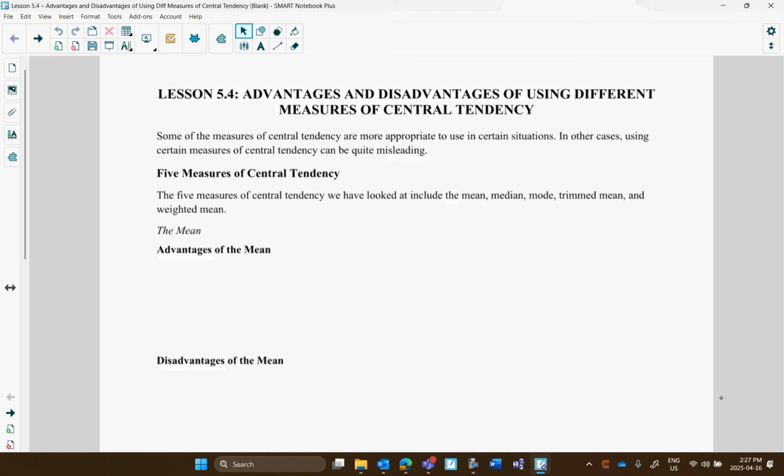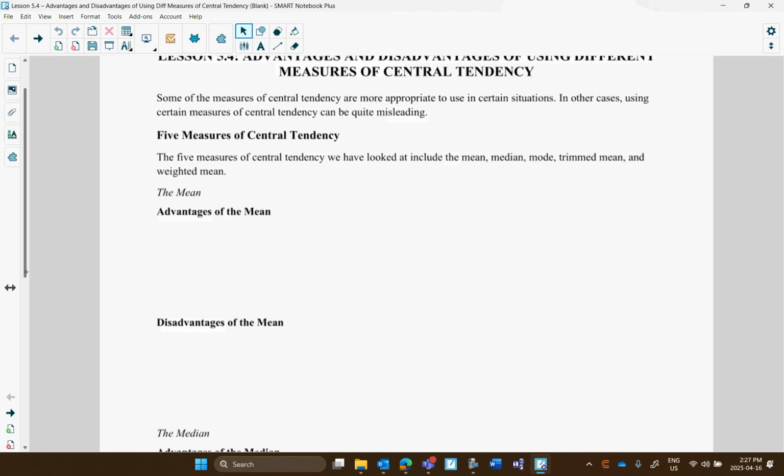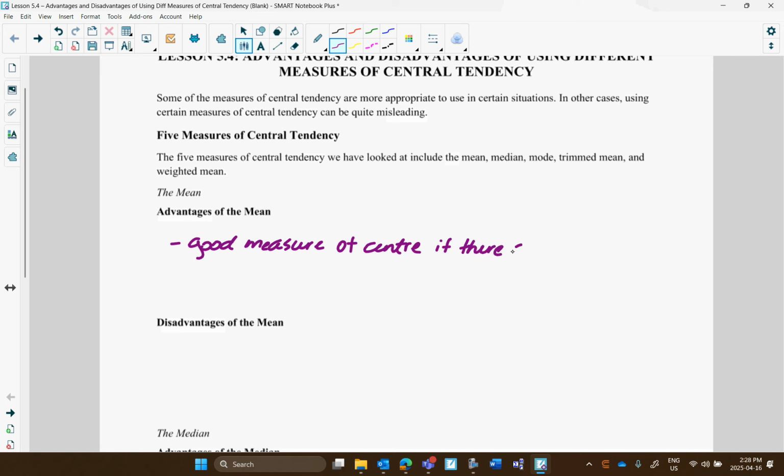So, advantage of the mean, really, it's a good measure of center if there are no extreme values.